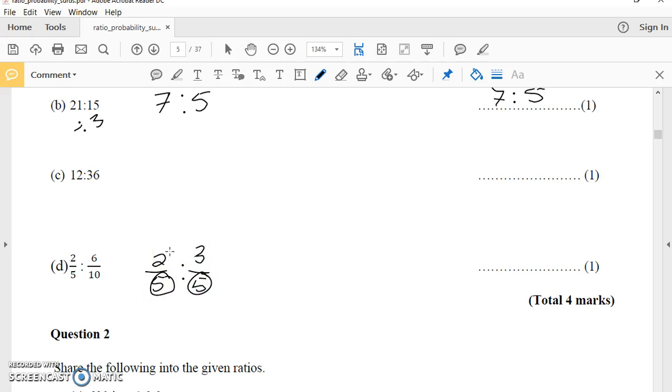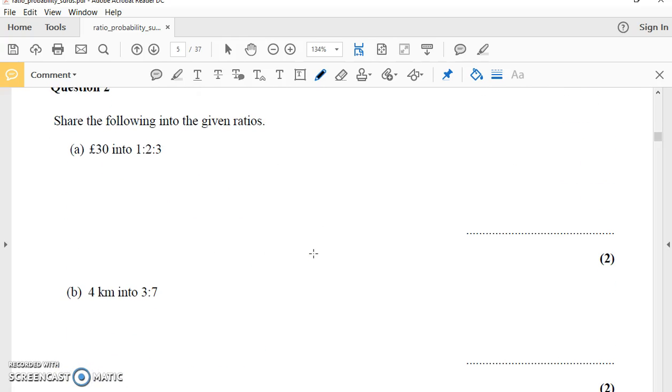So I'm saying I've got 2 out of 5 pieces and 3 out of 5 pieces, so I can compare them the same way. So I can get rid of that denominator and I can just leave it as 2 to 3. Okay, so if we have fractions, we want to get them to the same common denominator. Okay, and then we can cancel out that denominator and just write our numerators. Okay? So that's kind of the trickiest we could see with our ratios.